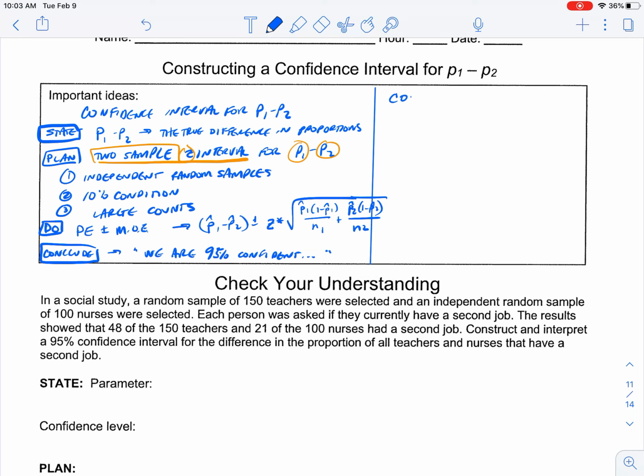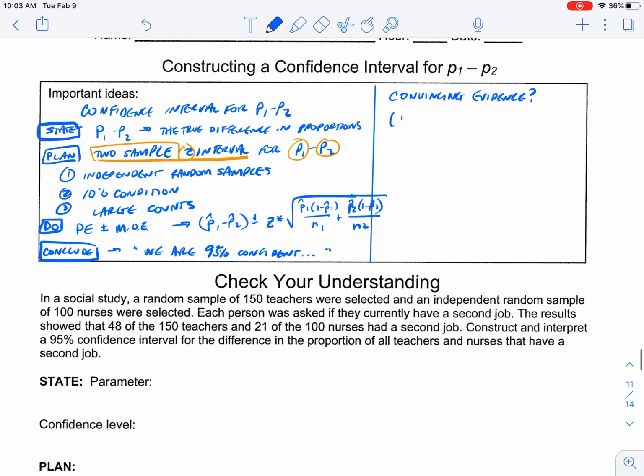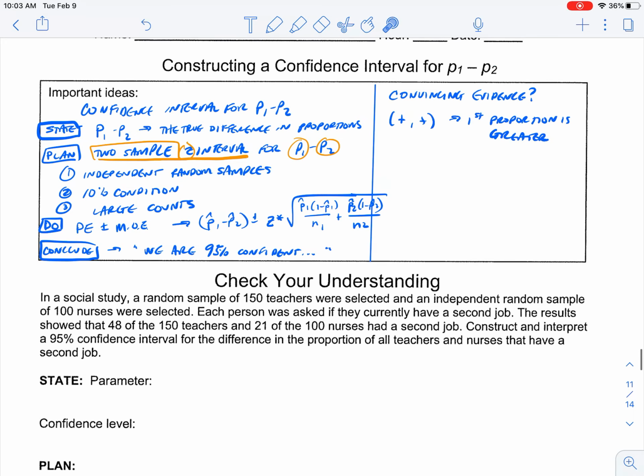So do we have convincing evidence? So what is convincing evidence? And that's going to be our focus over here, convincing evidence. So if we have an interval that has two positive numbers, that means that our first proportion is greater. Well, what does that mean? That means when we do a subtraction problem, right?